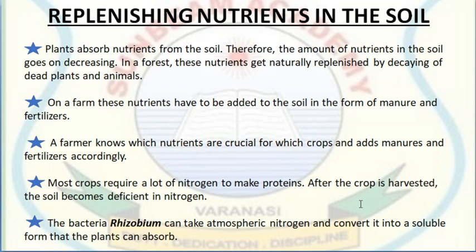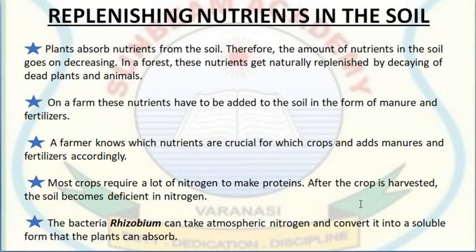However, on a farm, these nutrients have to be added to the soil in the form of manure and fertilizers. These manures and fertilizers contain plant nutrients such as nitrogen, potassium, and phosphorus. A farmer knows which nutrients are crucial for which crop and adds manures and fertilizers accordingly.